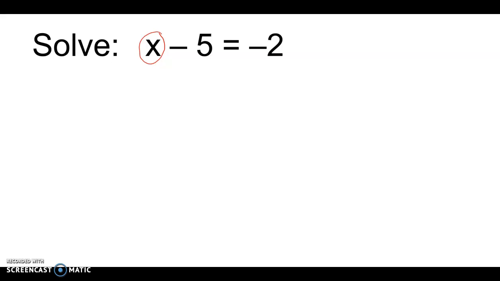So to undo minus 5, we are going to go plus 5. And whatever you do to one side of the equation, you have to do to the other side of the equation. And we're combining our like terms. So the x just comes down. The minus 5 and plus 5, they cancel each other out. The equal sign comes down.